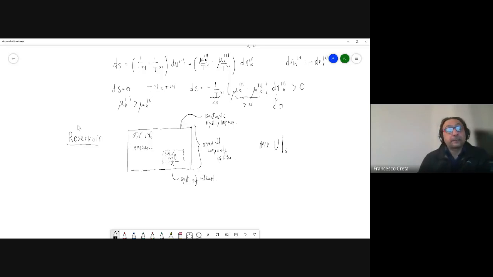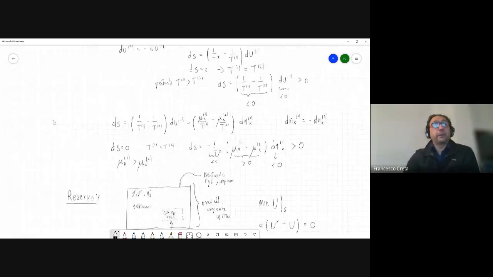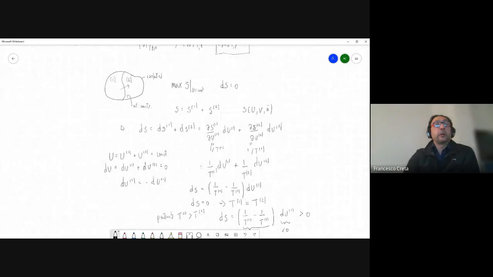Now, for this system here, how do we write dU equals 0? Well, we have to take into consideration the value of the internal energy of the reservoir and of the inner system. Before, let me repeat, in this kind of system we used the maximum of entropy because it was isolated.